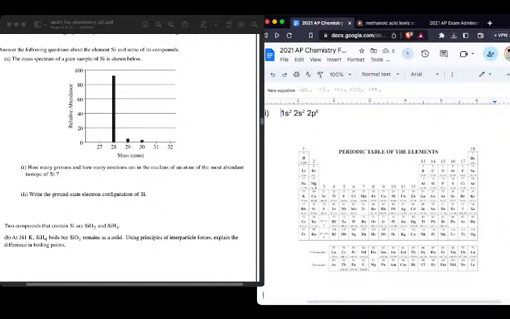I want to point out, though, that 1s2 basically corresponds to hydrogen-helium. The 2s2 corresponds to lithium-beryllium. The 2p6 corresponds to 1, 2, 3, 4, 5, 6 elements in this block. And we've got to get our way to silicon. So we're already to neon by writing 1s2, 2s2, 2p6.